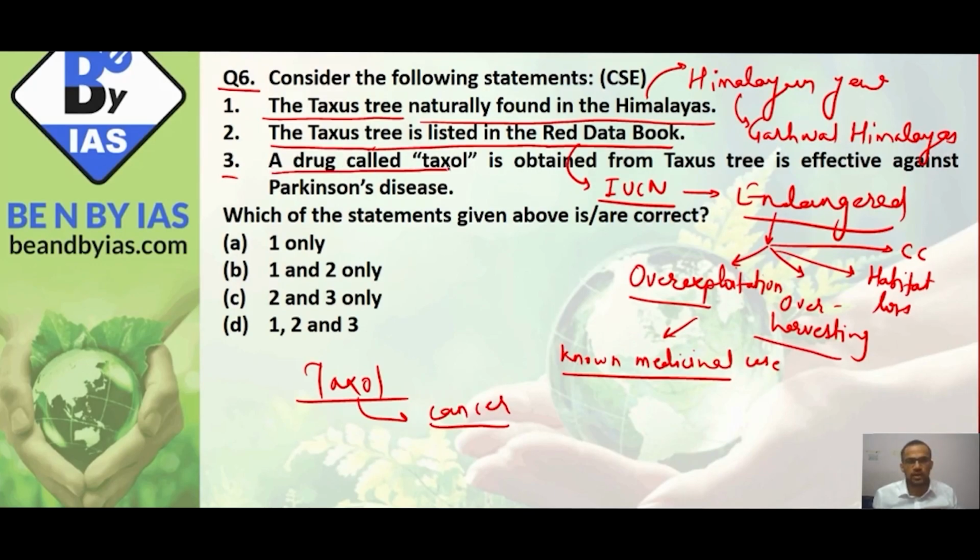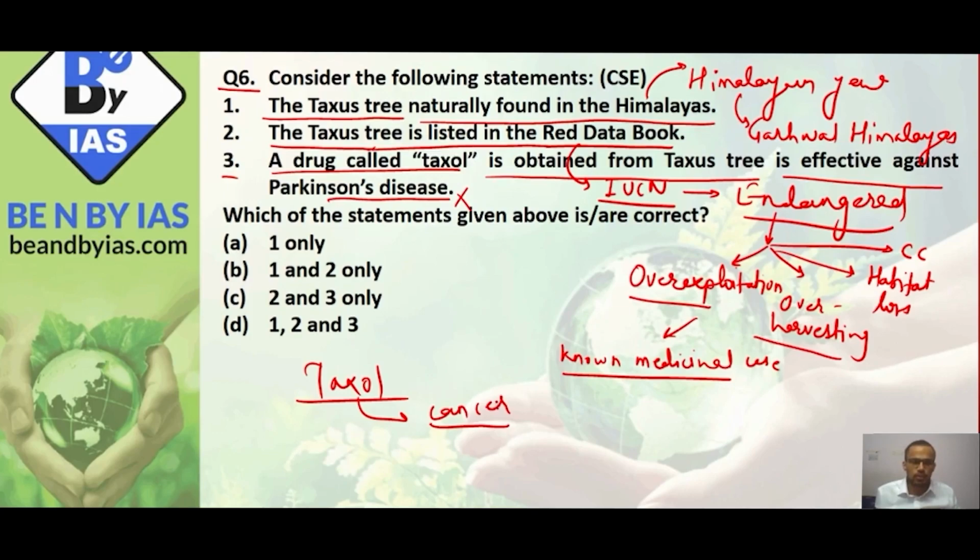Okay. So let us discuss this third statement. A drug called taxol is obtained from Taxus tree, is effective against Parkinson's disease. See, the first part of this statement is fine. That is, the drug called taxol is obtained from Taxus tree. Yes, it is correct. But this particular drug is not used for Parkinson's disease treatment.